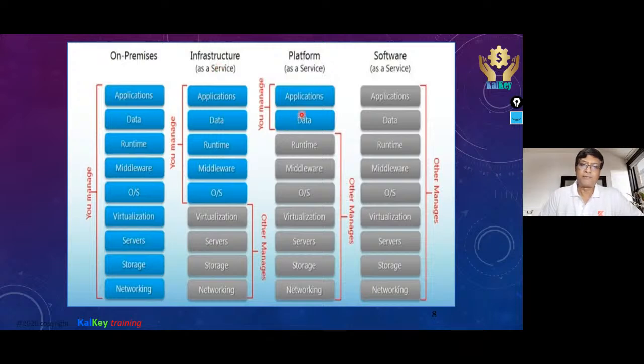Now, coming to the platform as a service. Even after this, you find your resources are not able to manage the three layers up to the runtime. The operating system is every now and then giving some problem, because AWS will not manage your OS.